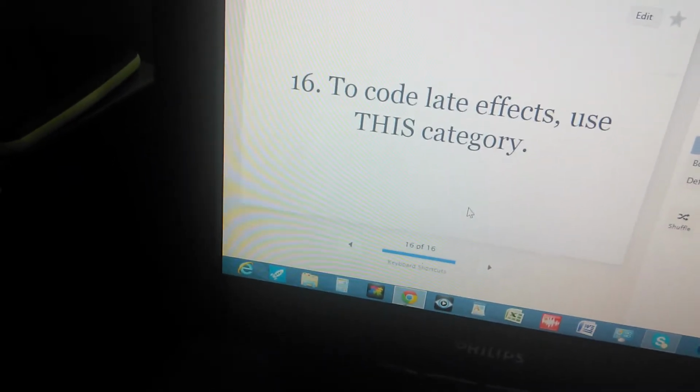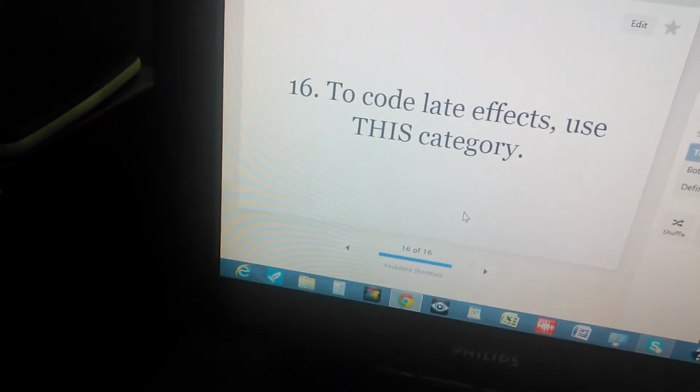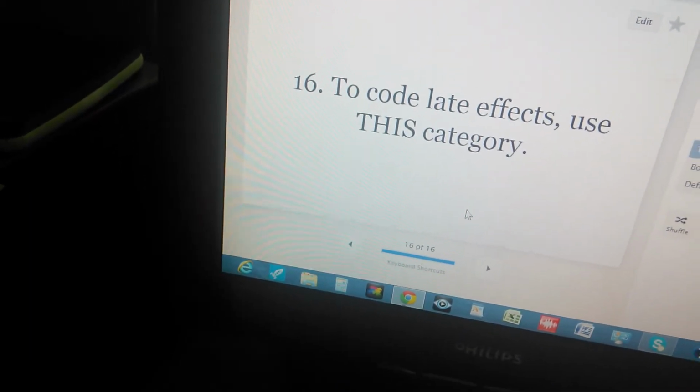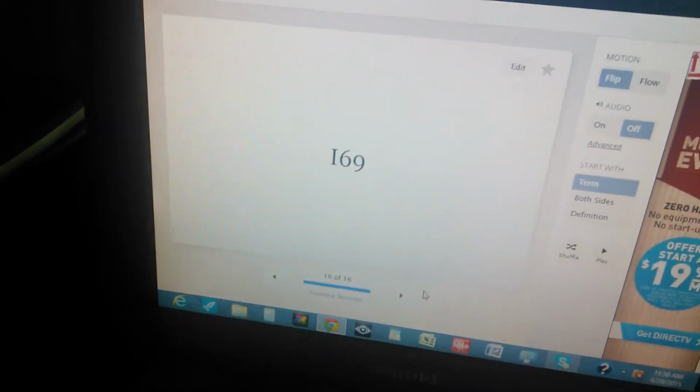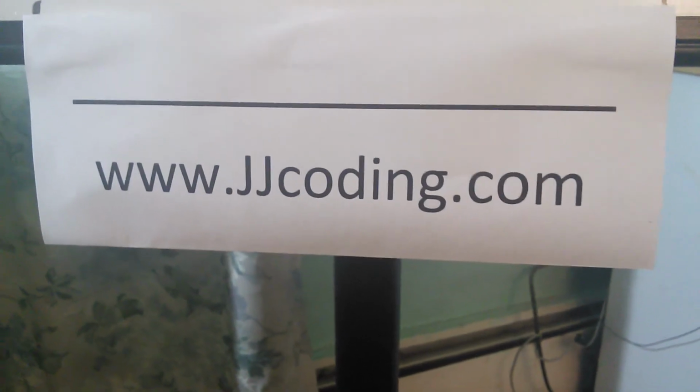Late effect. 16. To code late effects, use this category. I-69. Okay, and then we end this little theory presentation for hemiplegia and hemiparesis with an invitation for you to go to our website. There you go. Thank you.